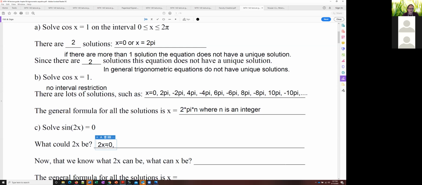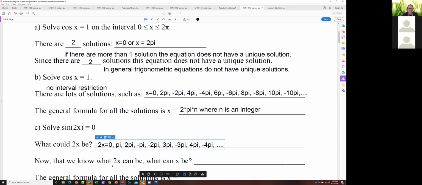I know the sine of pi is 0, so 2x could equal pi, or it could equal 2 pi, or negative pi, or negative 2 pi, or 3 pi, or negative 3 pi. Right, we have 4 pi, negative 4 pi, and so on. So that could all be what I would plug in for my angle 2x.